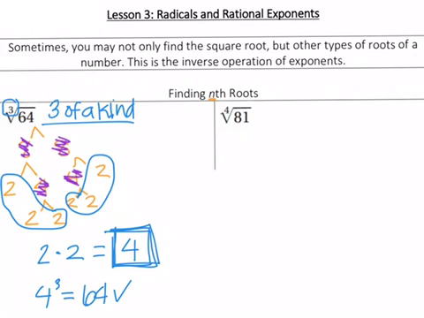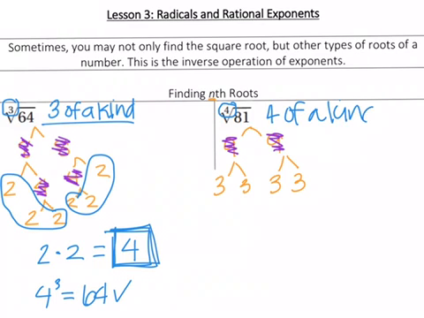So the next one, we're going to start out the same. For 81, we're going to do prime factorization. So I have 9 times 9 is 81. I drop it down to my 3's, to my prime numbers, and I cancel out my composite numbers I don't need anymore. Just as we looked at before, we're going to look at what root we're doing. It's the fourth root, so I'm looking for 4 of a kind. This one was kind of simple.